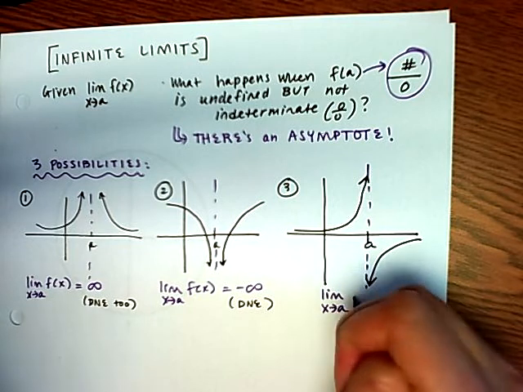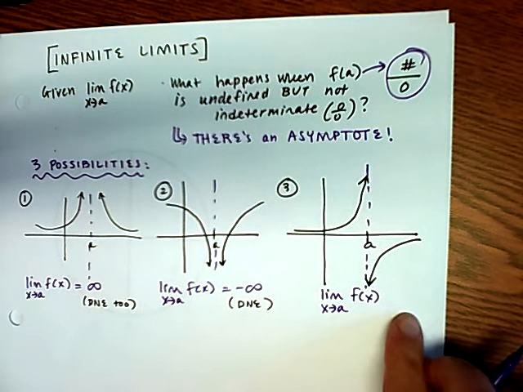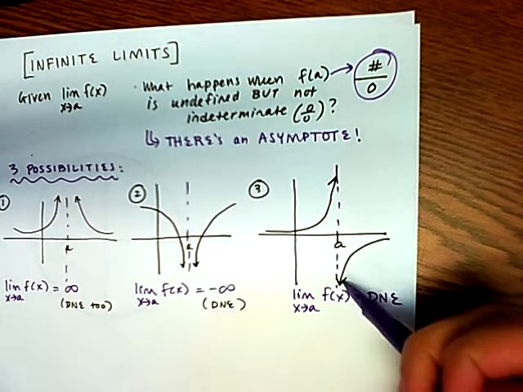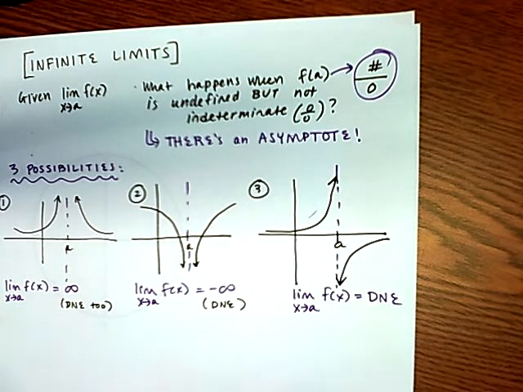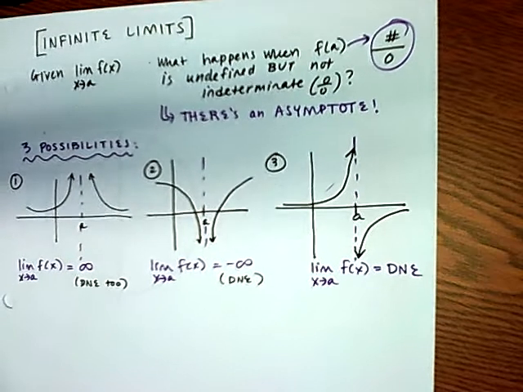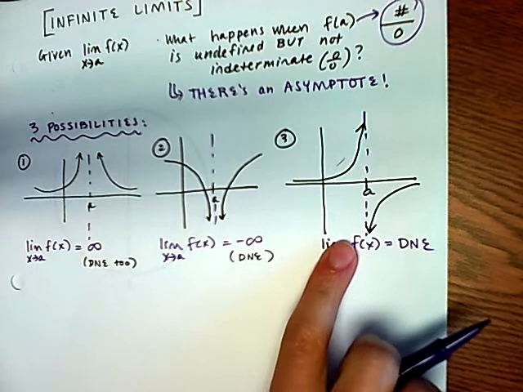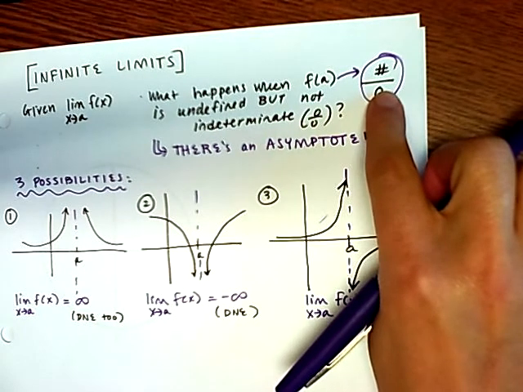Here I can't say positive or negative infinity. I can only say does not exist, because this is negative infinity, this is positive infinity, they do not match. So these are the 3 different situations that could happen when we plug in and get a number over 0.